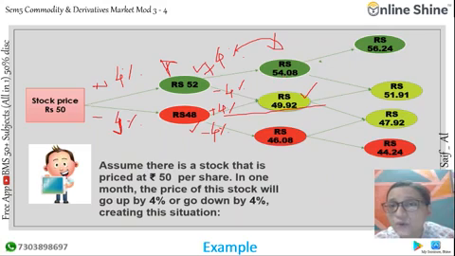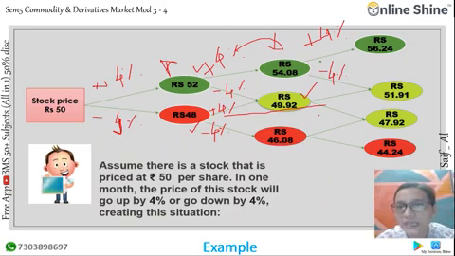The 54.08 plus 4%, it has two possibilities, upward and downward. So it will be 56.24, and if it is downward, it is 51.91. Then if we take the price 49.92, again it has two possibilities, 4% upward and minus 4% downward.